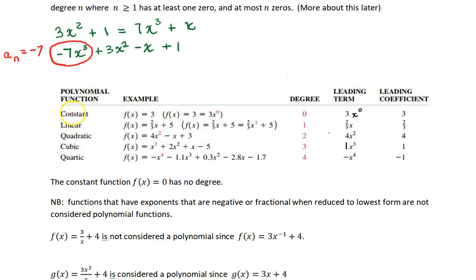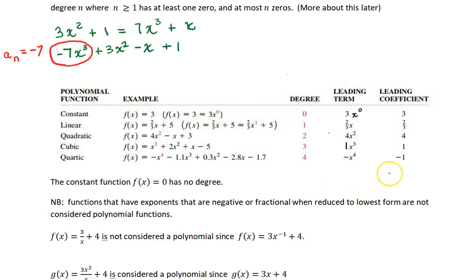So we're going to have a constant. If you have f of x equals 3, remember that's a horizontal line, it's just flat. Our x to the 0 power is a 1. That's true for every number except 0. 0 to the 0, we don't know what it is, and I'm not going to argue about it. So degree 0, because here's the 0.